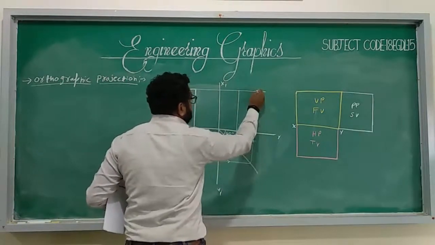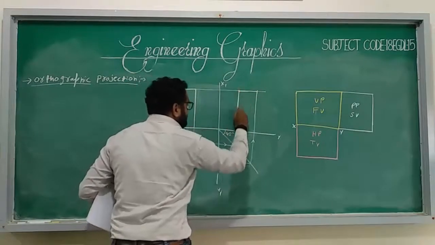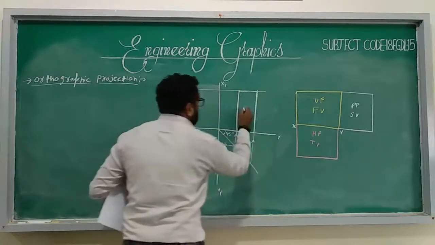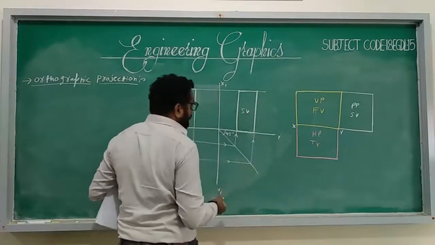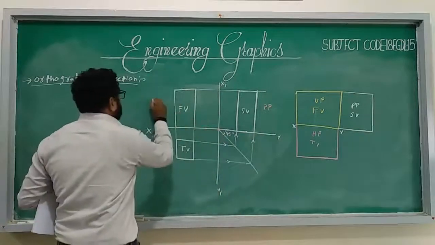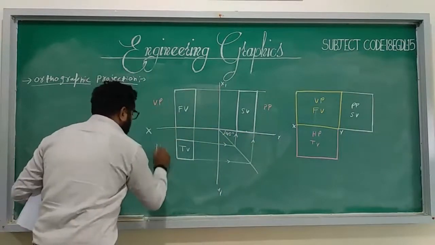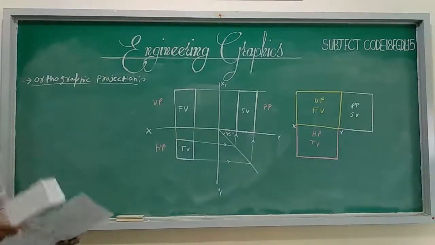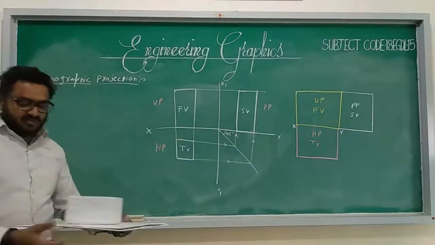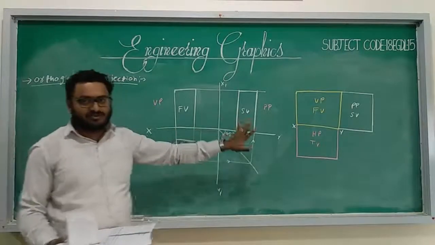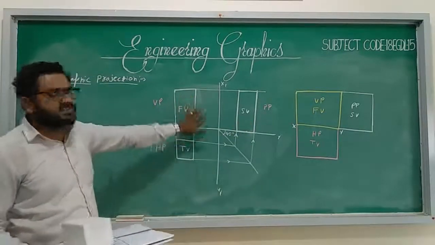And all these intersection points will give the side view on the profile plane. And this is VP and this is HP. Got it? That is how an object looks with the different views, front view, top view, and side view. Okay, that is the first quadrant.